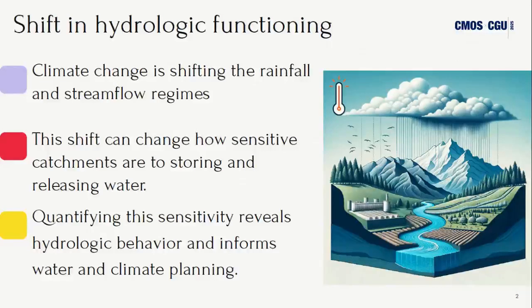Quantifying the sensitivity of catchments in releasing or storing water can provide a big picture regarding how catchments are generally functioning, and can hopefully provide some insight regarding water resources management and climate planning.